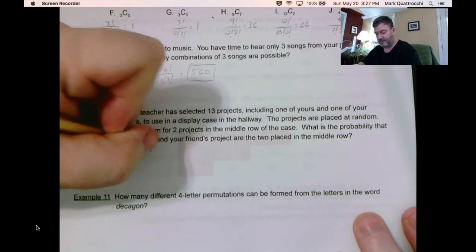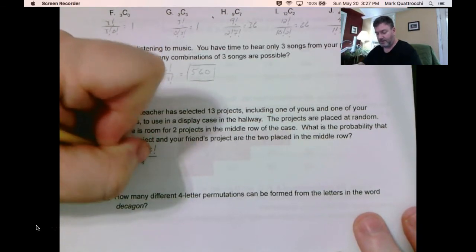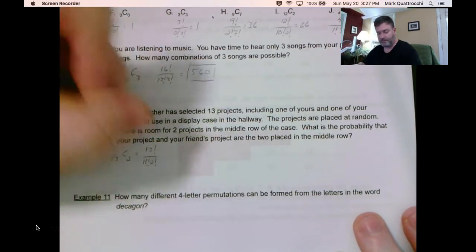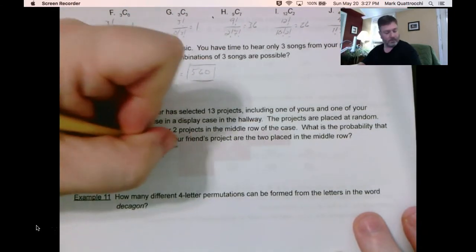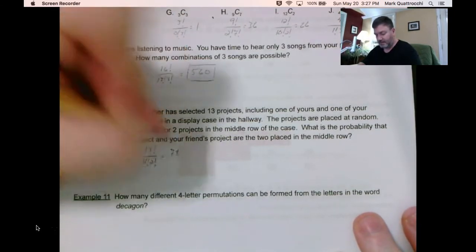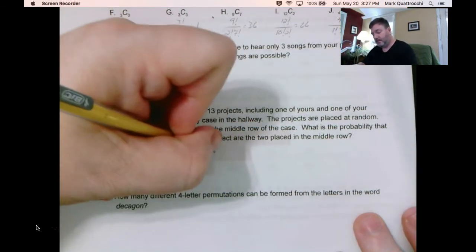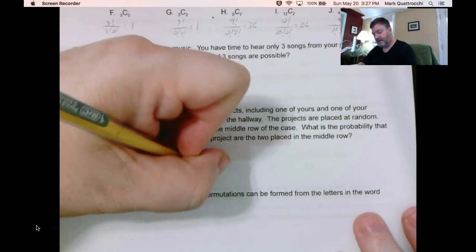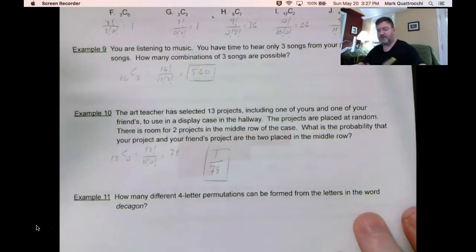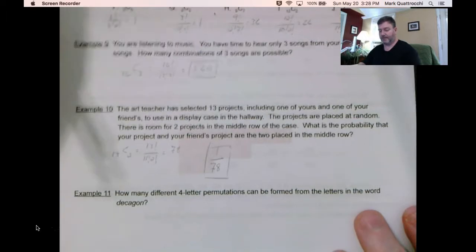That's 13 factorial over 11 factorial 2 factorial, or 78 possible combinations. That's our denominator. One of those combinations has you and your friend's projects side by side. So 1 out of 78 chance that you and your friend's projects are right next to each other.